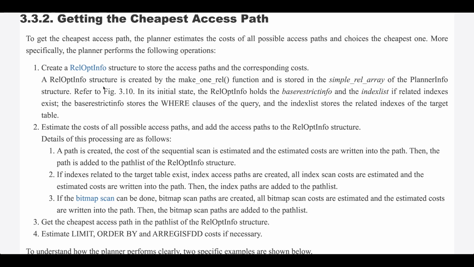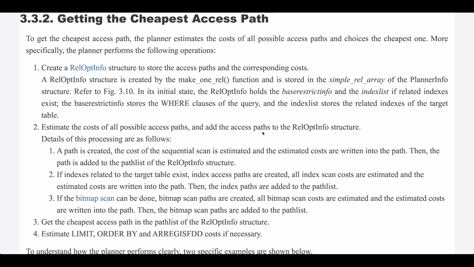A RelOptInfo structure is created by the make_one_rel function and is stored in the simple_rel_array of the PlannerInfo structure. Refer to figure 3.10. In its initial state, the RelOptInfo holds the baserestrictinfo and the indexlist if related indexes exist. The baserestrictinfo stores the where clauses of the query. The indexlist stores the related indexes of the target table.